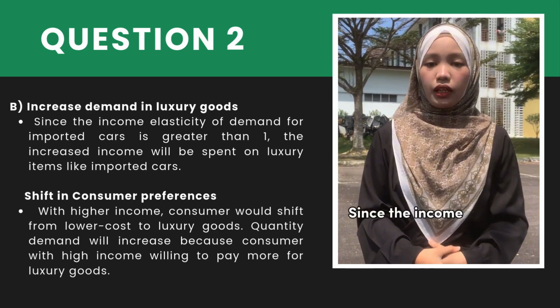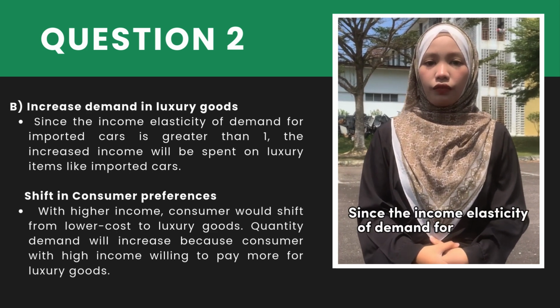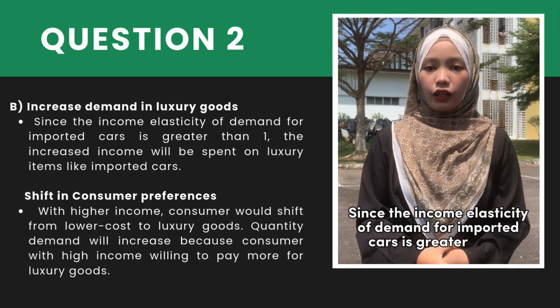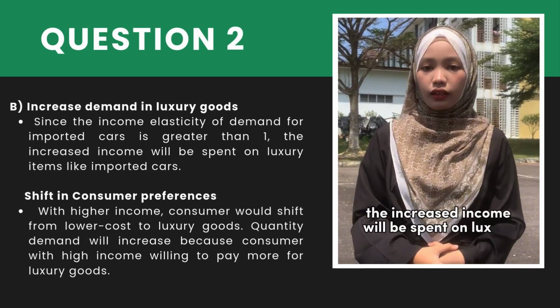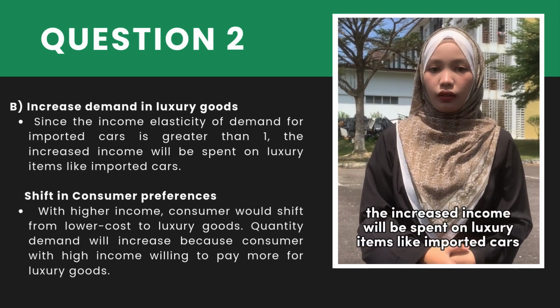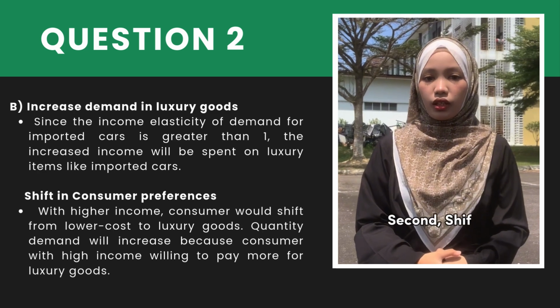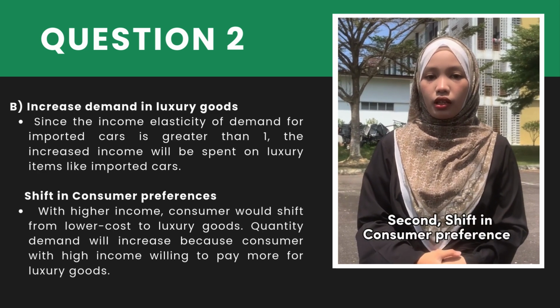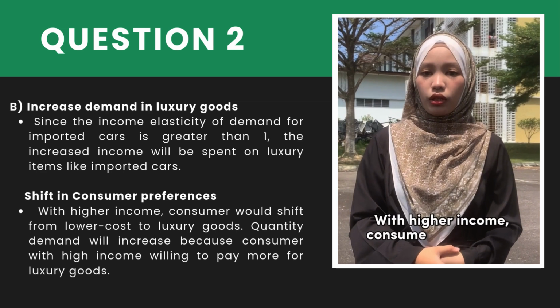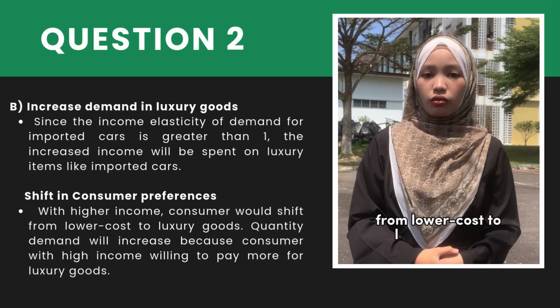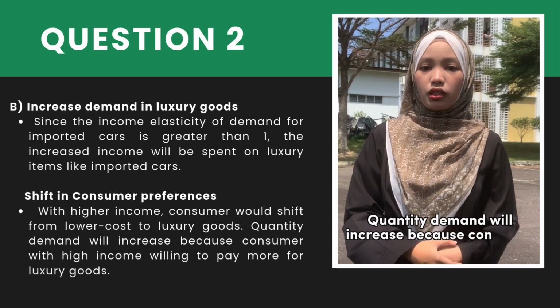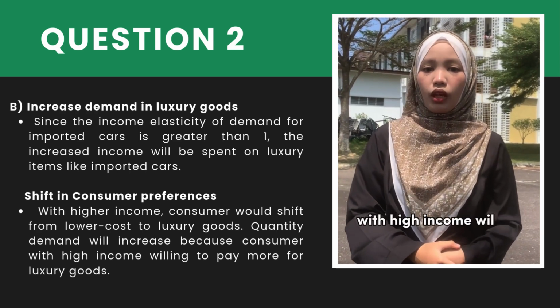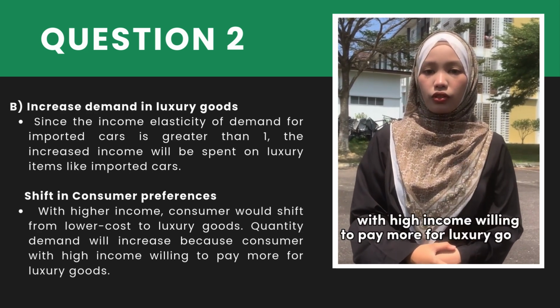Since the income elasticity of demand for imported car is greater than 1, the increased income will be spent on luxury items like imported car. Second, shift in consumer preference. With higher income, consumers will shift from lower cost to luxury goods. Quantity demanded will increase because consumers with high income will be willing to pay more for luxury goods.